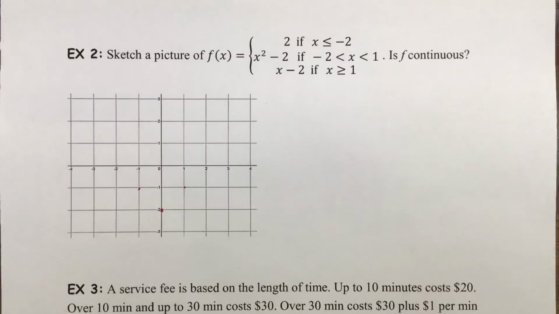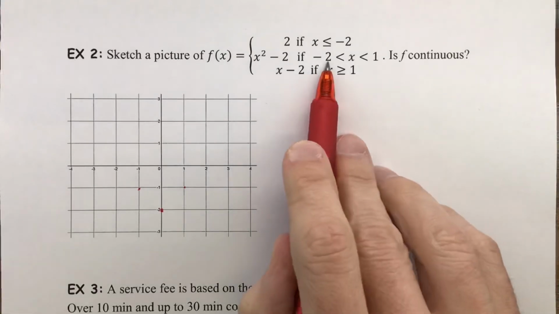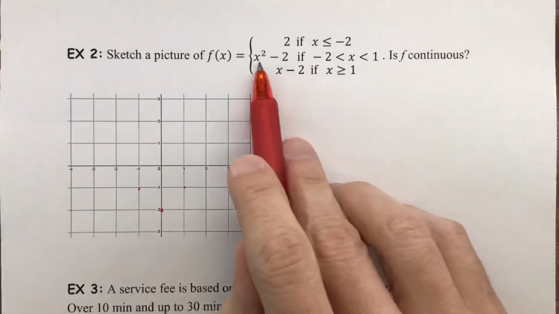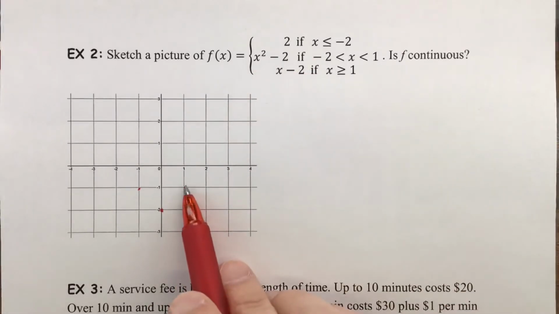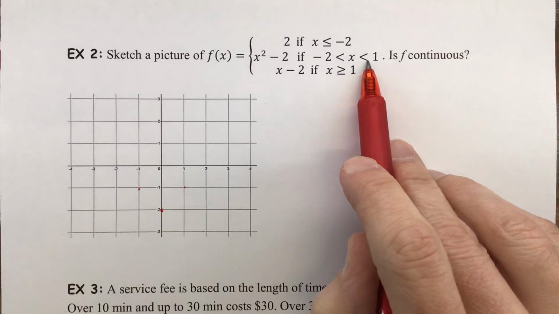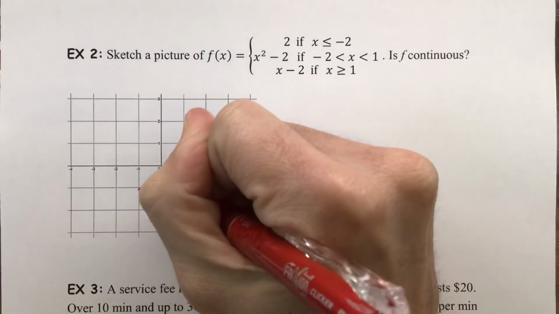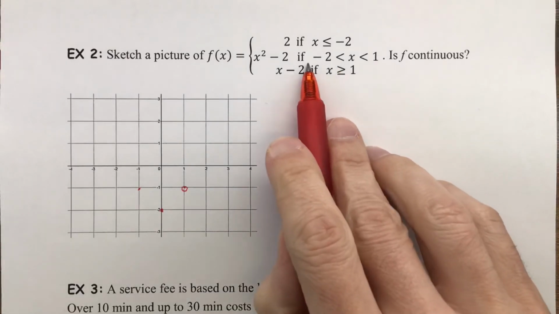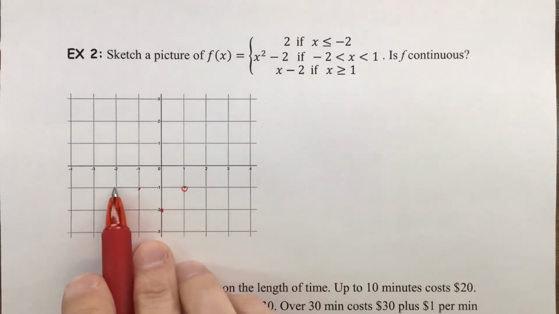Okay, now the interval that we're actually going to be using is -2 to 1. Okay, so the graph is actually going to end here. That part of the graph is going to end here. We do have an open interval at 1, so this is going to be an open circle there. Okay, now the graph is also going to go all the way to -2, which means I need to go further out a bit.